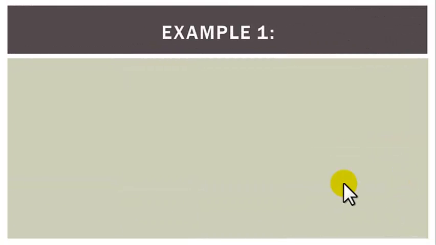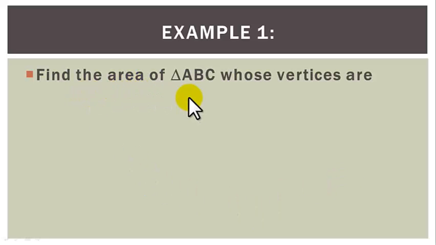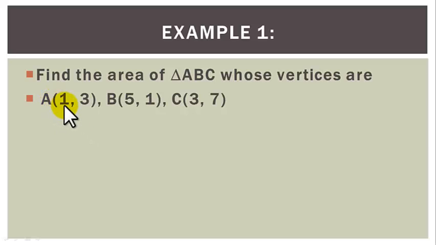Example 1. Find the area of triangle ABC whose vertices are A(1,3), B(5,1) and C(3,7). Solution.